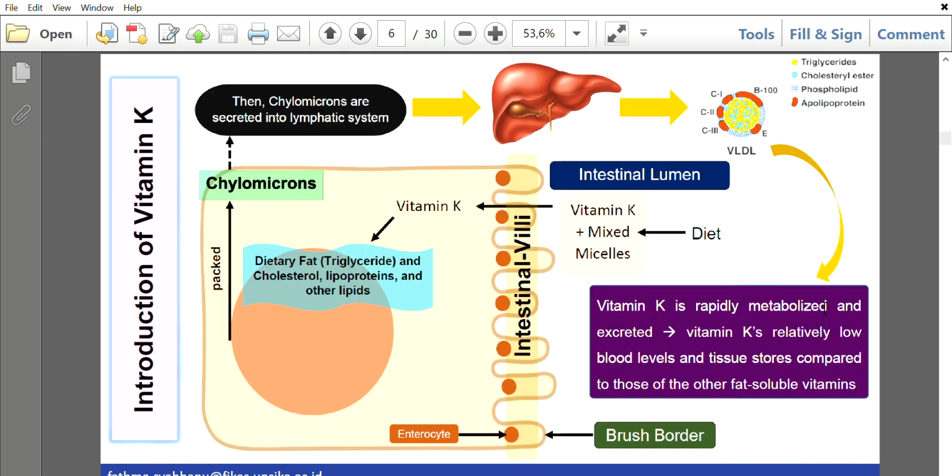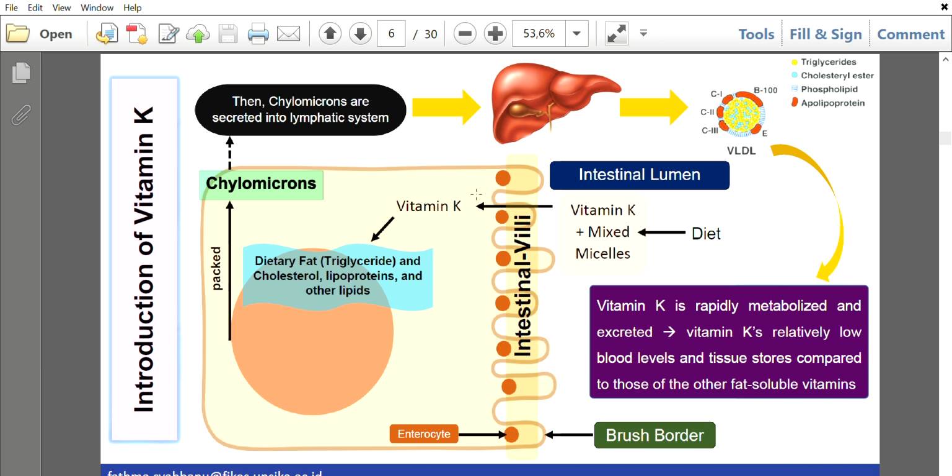Okay, this is the pathway of metabolism of vitamin K, an overview. The vitamin K will be solubilized and emulsified by the mixed micelle, so it can be absorbed in the brush border of the enterocyte.